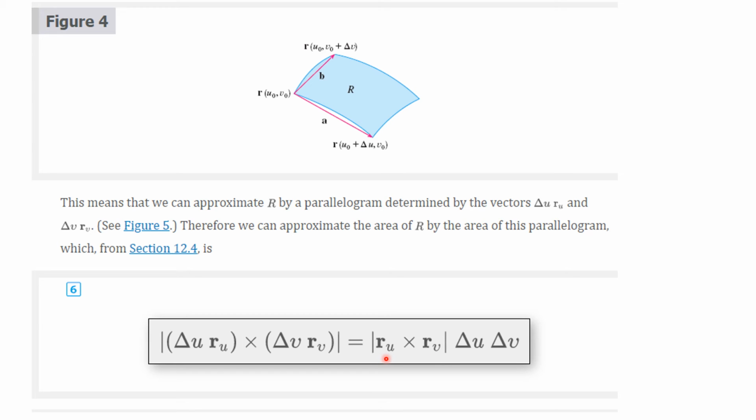So you take the partial of r with respect to u, vector cross product with the partial of r with respect to v. You can take the magnitude of that times delta u delta v. That is, in fact, the area of this rectangle, which is approximately the area of this region.